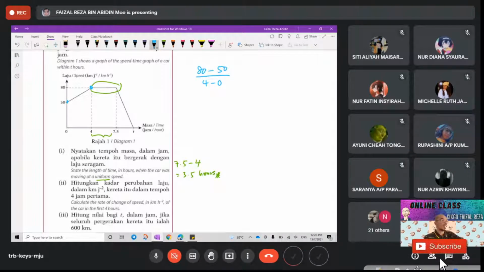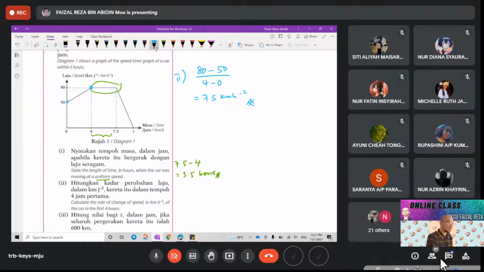For 80 minus 50, you are going to get 30. 30 divided by 4, you are going to get 7.5 km/h². That's going to be your number 2. Can? Class? Okay, thank you.